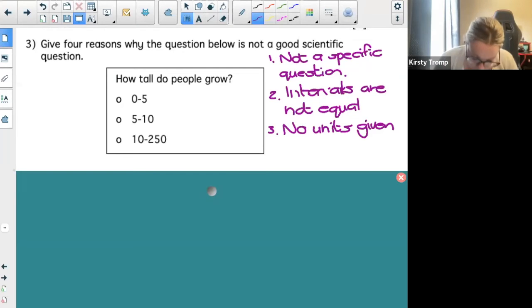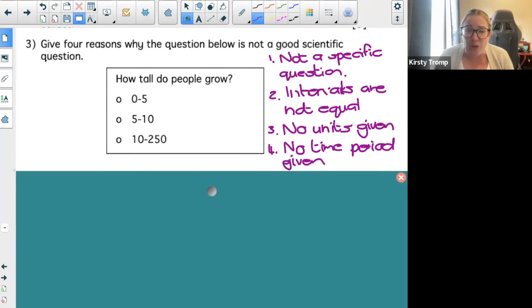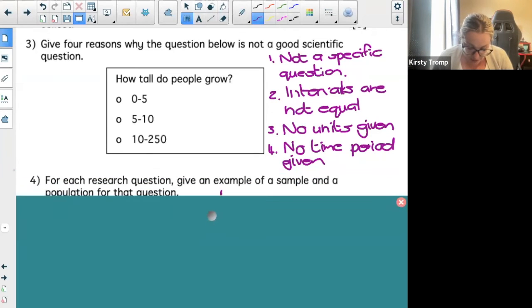So like Umar says, for number 4, you could say there's no time period given. We don't know how old they want these people. We don't know which people they're talking about.